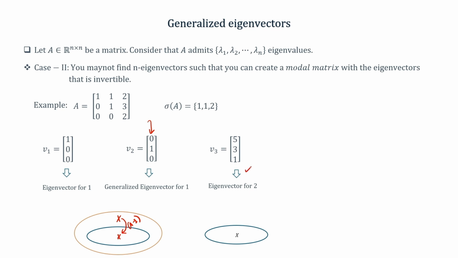For the eigenvalue 2, it was straightforward, it is only repeated once, so I needed 1 eigenvector that I could easily find. Now, I will form the T matrix, which will be 1 0 0, 0 1 0 and 5 3 1. And you can see that now if I do T inverse A T, it will come out to be 1 0 0, 1 1 0, 0 0 2.